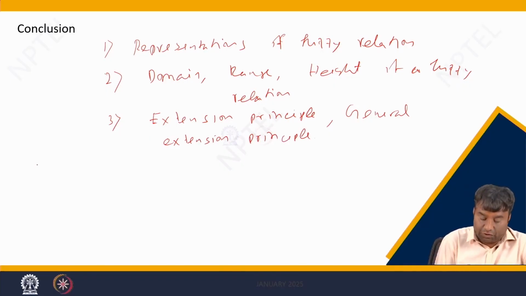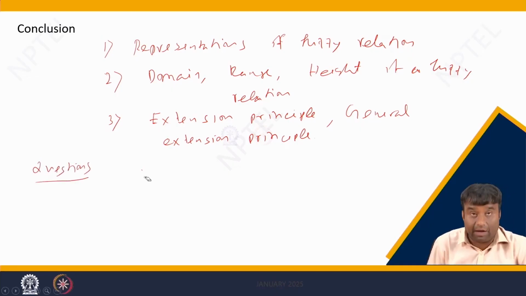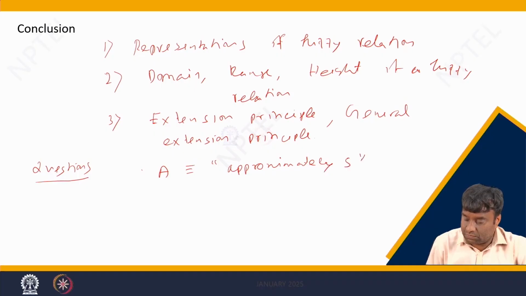For today's question: define a number A which is approximately 5, and another number B which is approximately 7.